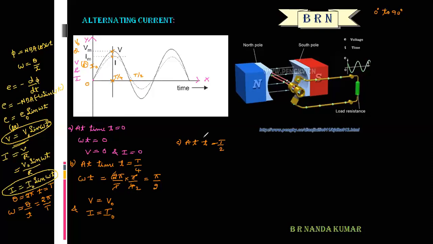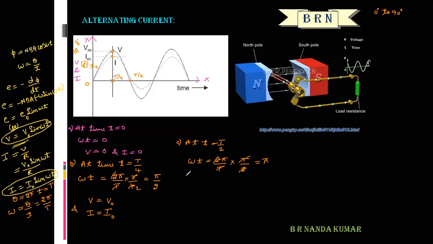That means the rotation of the coil: omega t is 2 pi by T into T by 2. Is it not? So T cancels, 2 cancels. Omega t value is pi. Pi radian means the coil is rotated through 180 degree or pi radian.